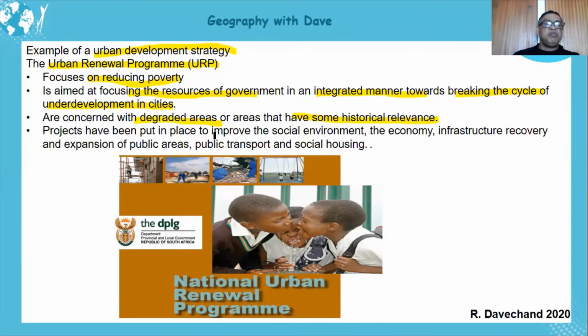So projects have been put in place to improve the social environment and the economic, social, the living area of the people, the communities, life, economy, the money, and of course, infrastructure recovery, upgrading the buildings, especially those ones with historical value, etc. Okay, all that, an expansion of public areas, facilities, etc. Okay, public transport was another issue that was improved, and social housing.